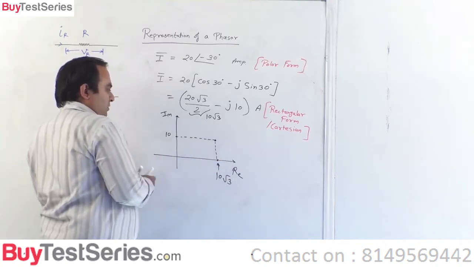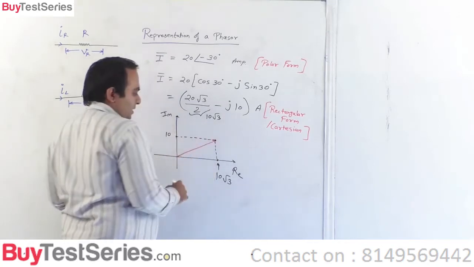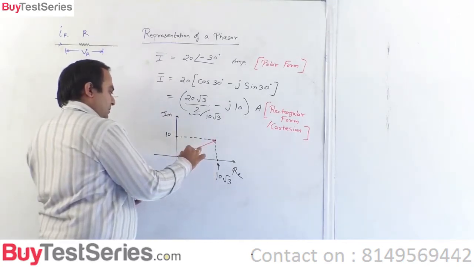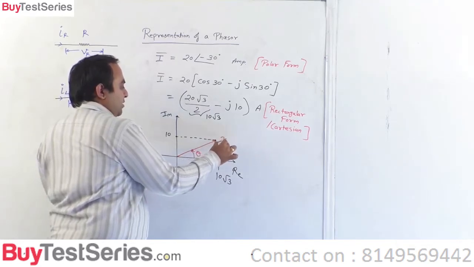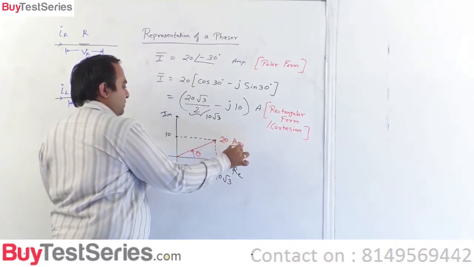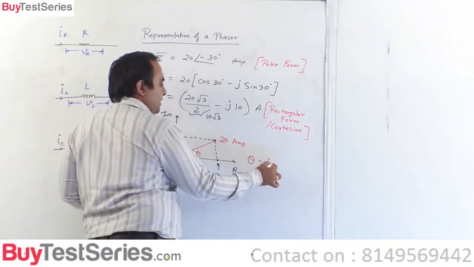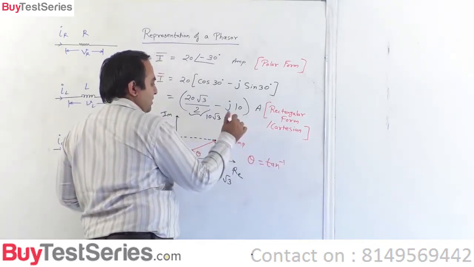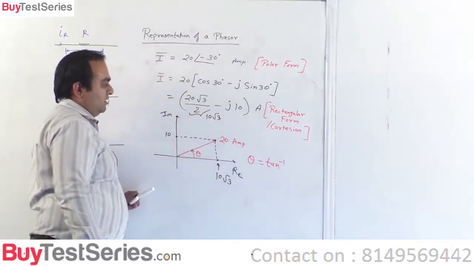So when you see this, this angle is theta and this magnitude is 20 ampere, right? Whereas this theta is tan inverse of the imaginary part upon the real part.